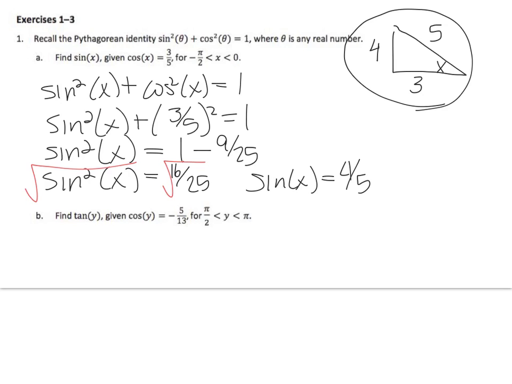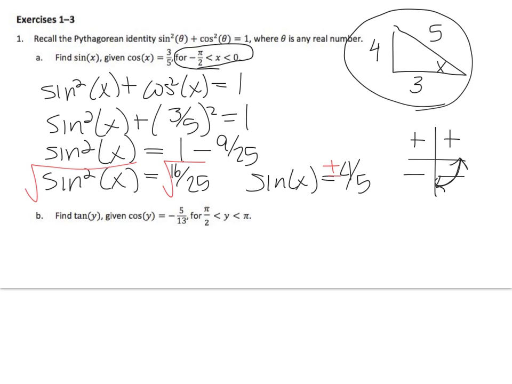But what we need to look at is the range they gave us. I usually go back to the unit circle, so I'm going anywhere from negative pi over 2 to 0. Sine is your y value, so sine is positive here, positive there, negative and negative.